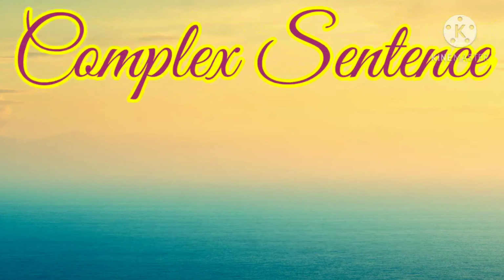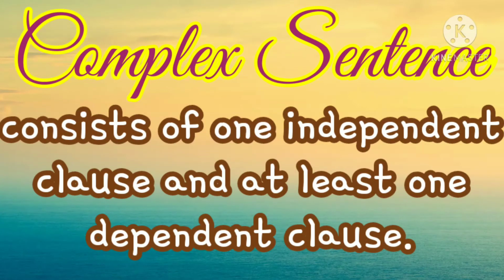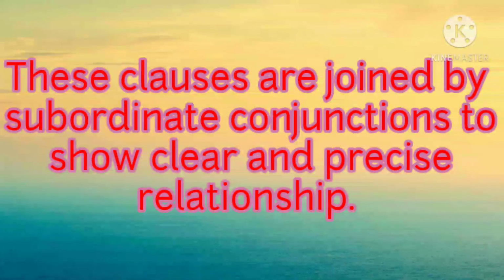A complex sentence consists of one independent clause and at least one dependent clause. These clauses are joined by subordinate conjunctions to show clear and precise relationship.